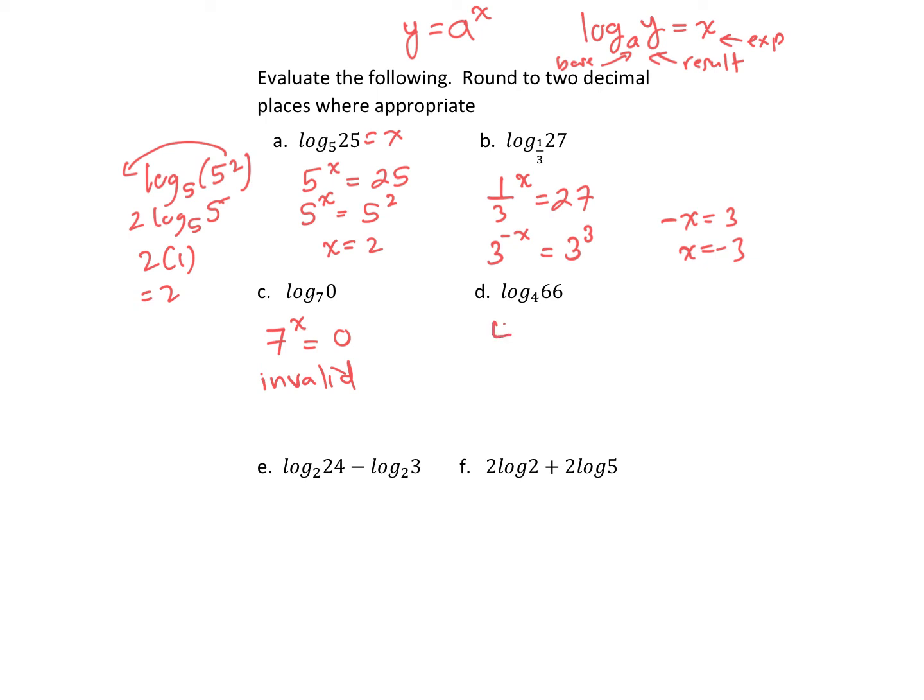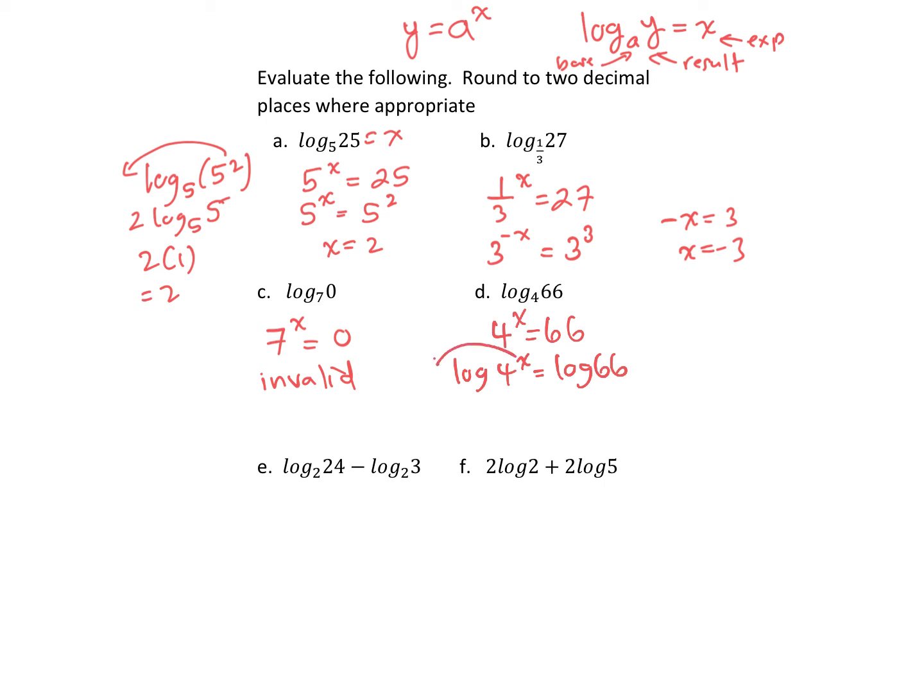If you can't change the same base, so for example, if I put that in exponential form, I am asking 4 to what power equals 66. Well, 66 is not a multiple of 4, so I can use my change of base formula. So basically with change of base, we log both sides because we want to undo or inverse the exponential function.